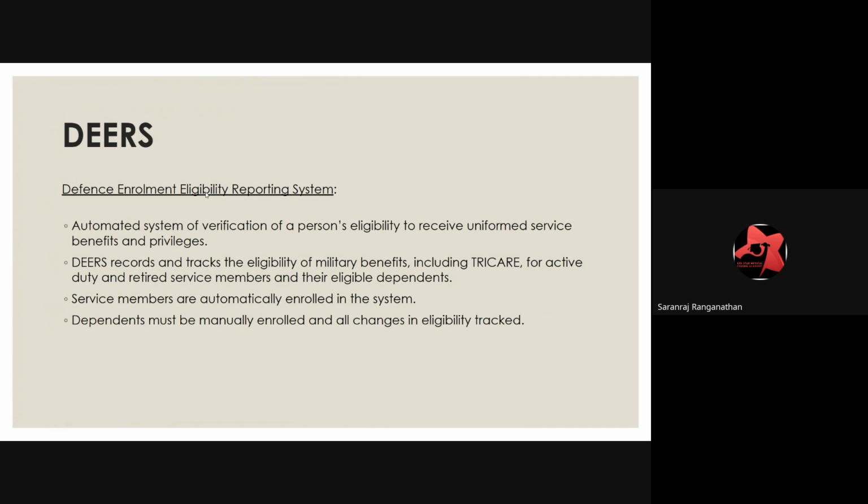All those they will track. Service members are automatically enrolled in the system. So once they come into the military services, automatically they will enter the details. Dependents must be manually enrolled and all changes in eligibility tracked. So dependents also have to be tracked manually.